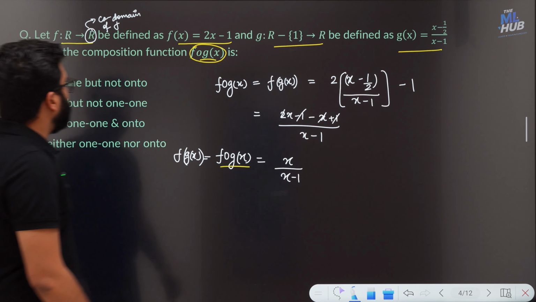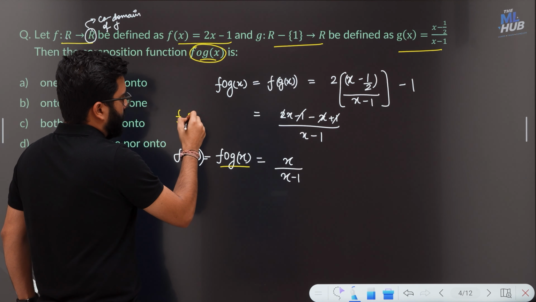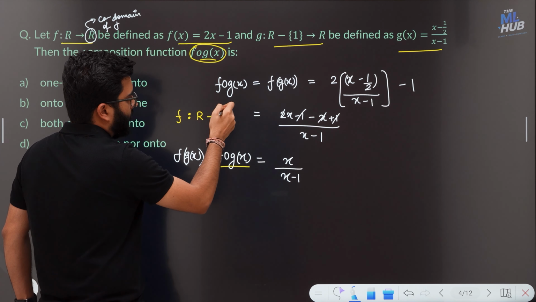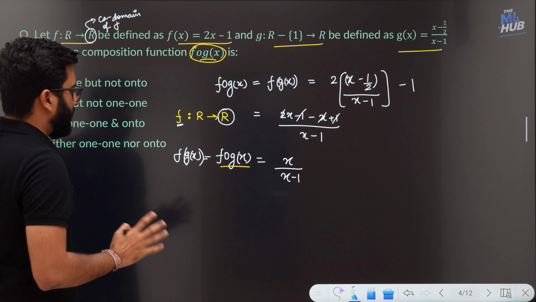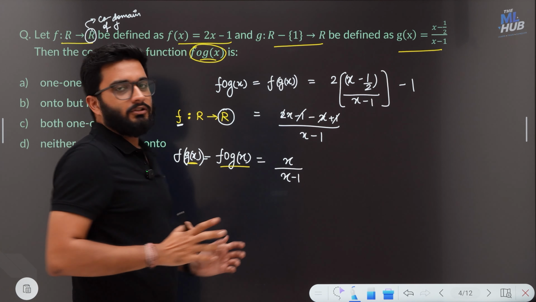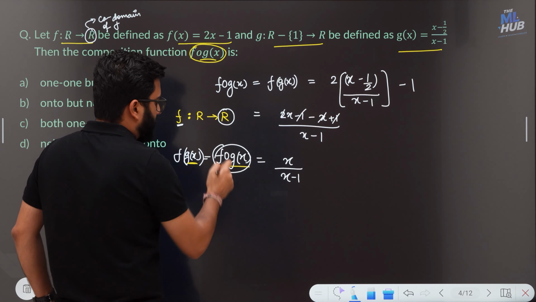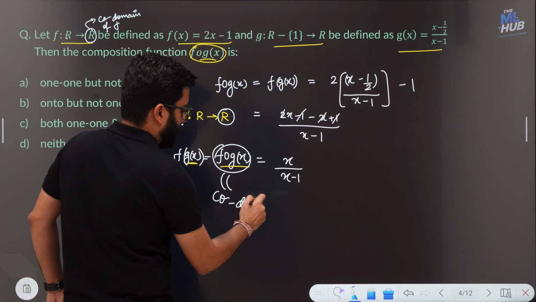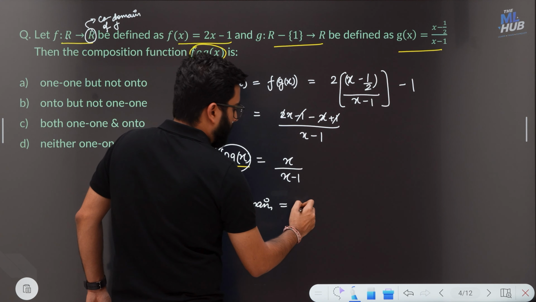This is what it means, and f is defined from R to R, where this R is the codomain of this function f. So no matter what is placed inside this f, if I am talking about the composite function, the composition f of g, the codomain of f of g will be equal to the codomain of f.